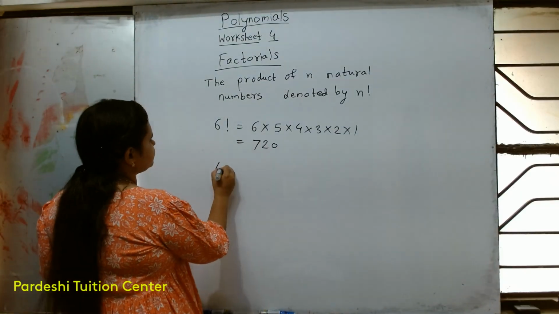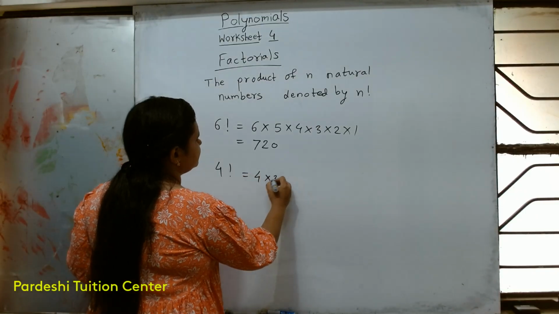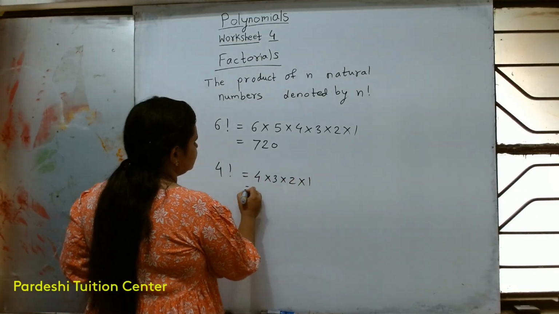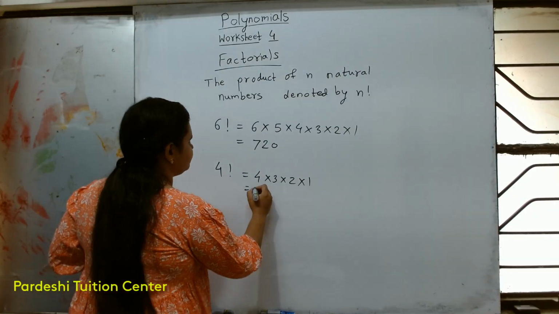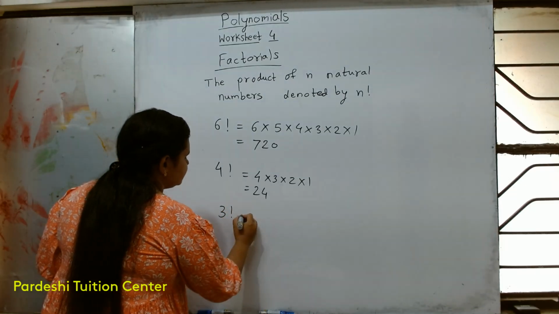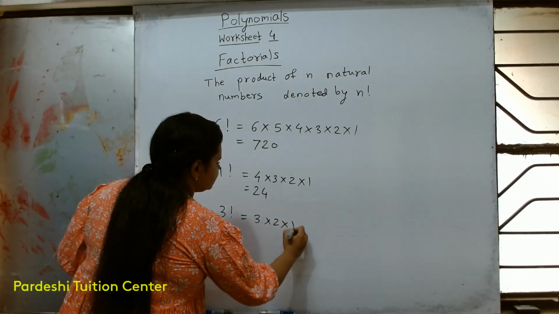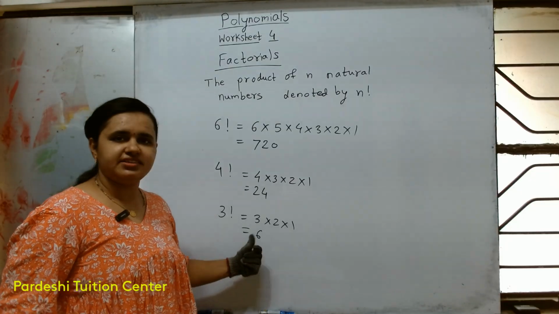Now, if I ask what is 4 factorial, 4 factorial will be 4 into 3 into 2 into 1. So, it will be 4 3s are 12, 12 2s are 24, 24 1s are 24. If I ask you what is 3 factorial, it will be 3 into 2 into 1, so it will be equal to 6.